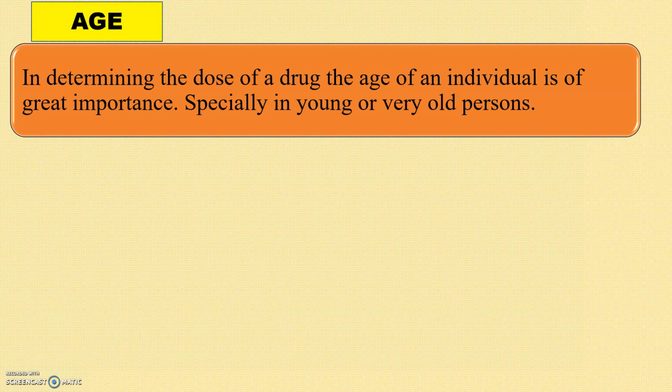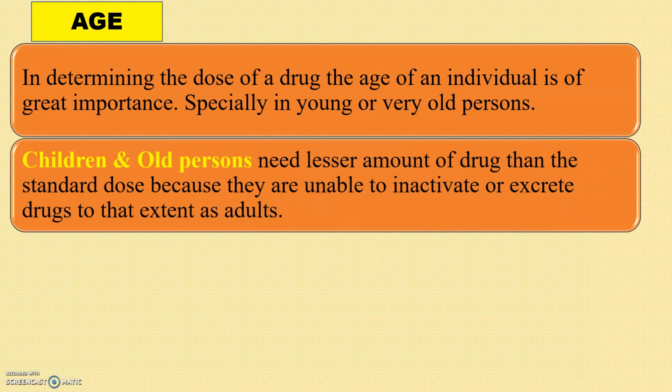First factor is age. In determining the dose of a drug, the age of an individual is of great importance, especially in young or very old persons. Children and old persons need lesser amount of drug than the standard dose because they are unable to inactivate or excrete drugs to that extent as adults.